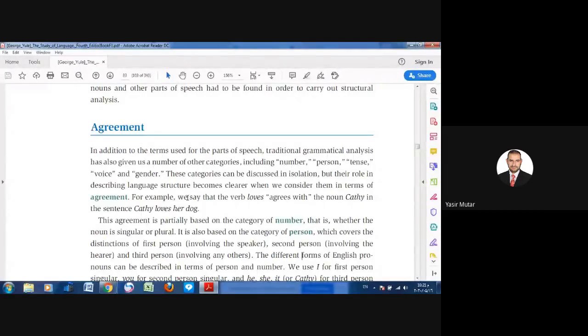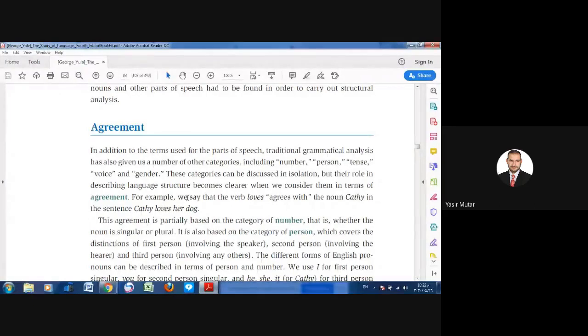I'll give you maybe another example. When I say "a handsome boy," I would say "a beautiful girl." Why is it not acceptable to say "a beautiful boy"?